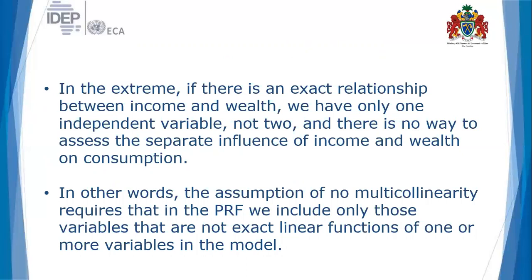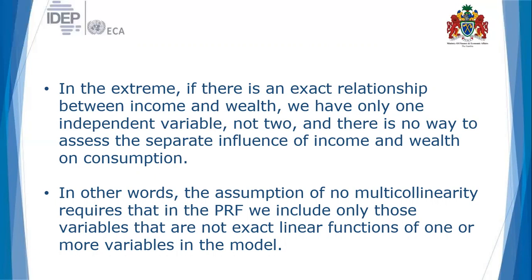Because if income and wealth influence each other, it means while we are determining the influence of income on consumption, at the same time we have some influence from wealth that is coming into income. Similarly, when we are determining the influence of wealth on consumption expenditure, at the same time we have some influence from income that is coming into wealth.